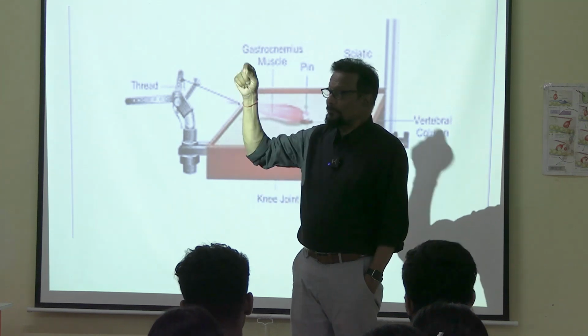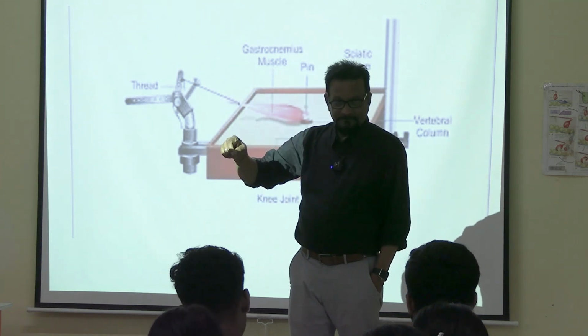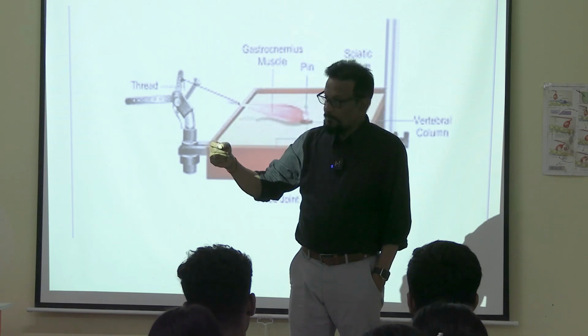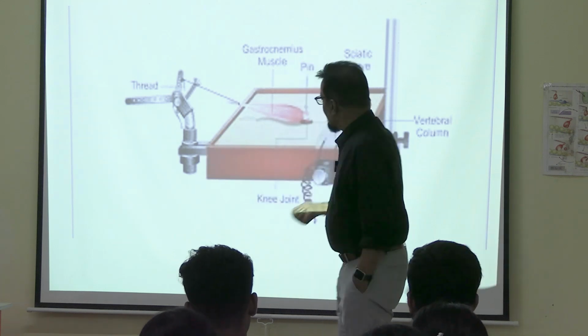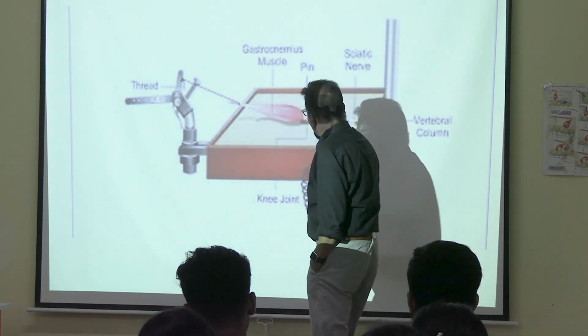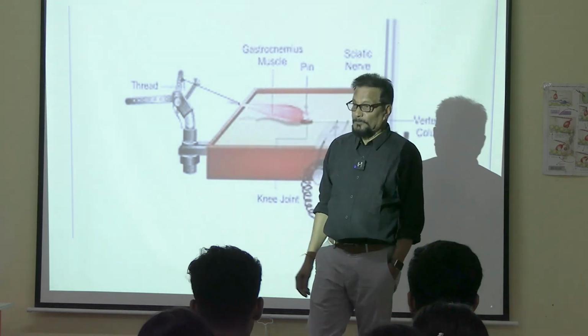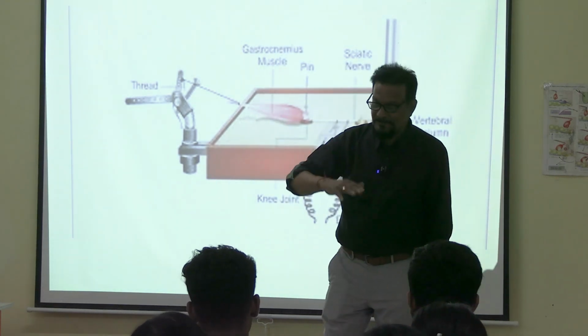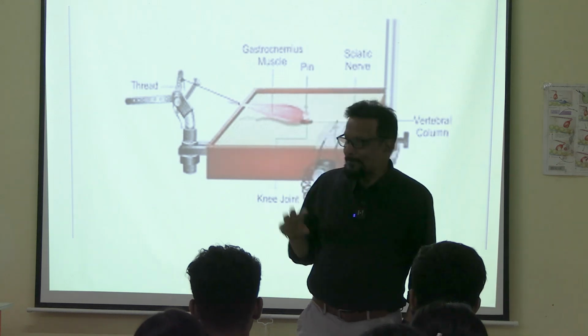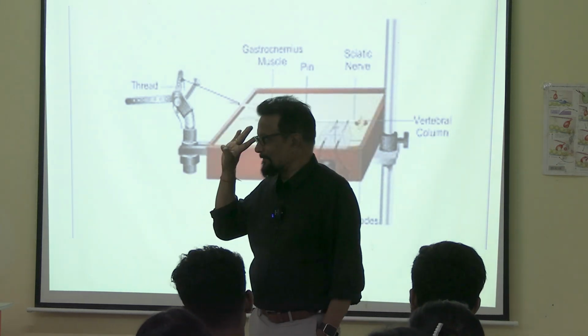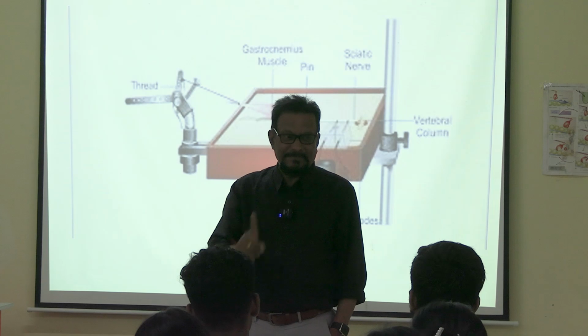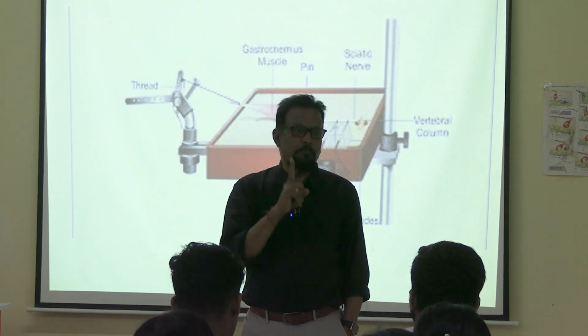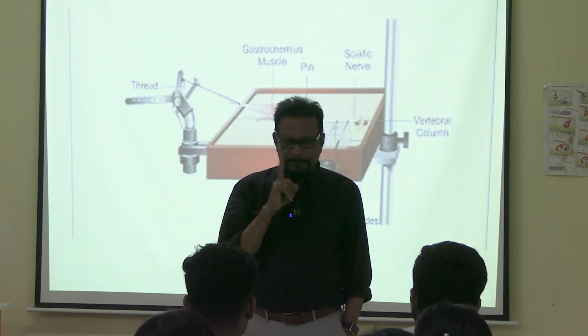Then you apply cold saline, meaning cold Ringer. Again you apply a stimulus and there will be a contraction. So now you have three curves, and the point of stimulation is the same every time.